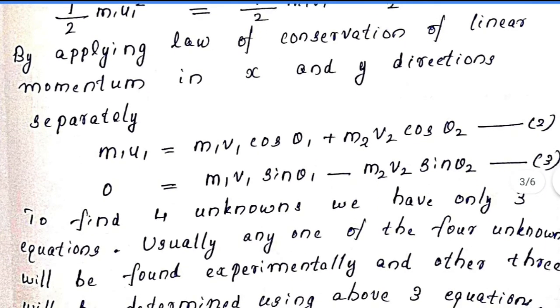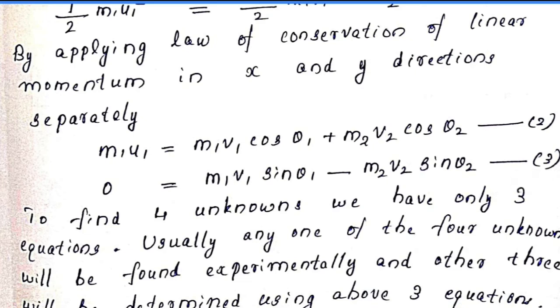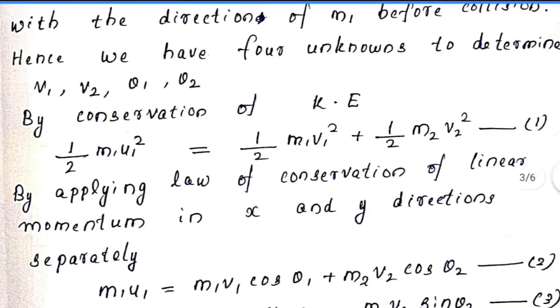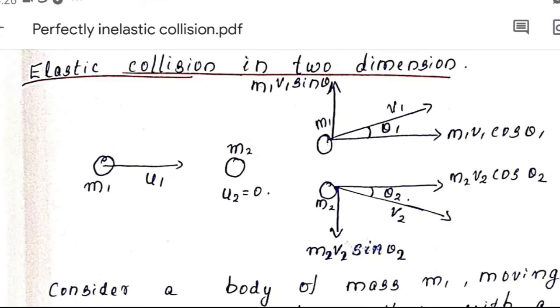Now we apply the law of conservation of linear momentum. Momentum is a vector quantity, so we can do it in terms of vectors. Hence, to apply the law of conservation of momentum, we resolve the momenta into two components as given. This is m1 v1, resolved into two components, m1 v1 cos theta 1 and m1 v1 sin theta 1 in the upward direction.